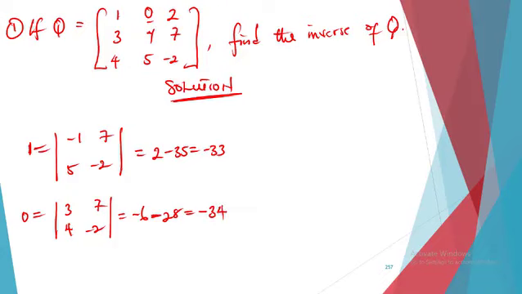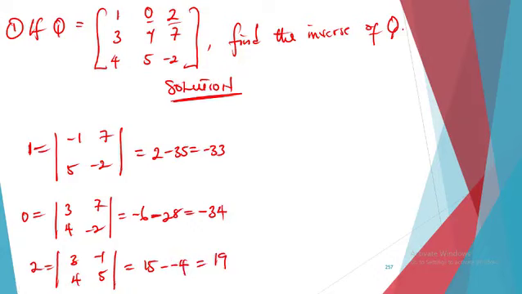Yeah, minus 34. Then for 2, what is left here? 3 minus 1, 4 and what? 5. And that will give us 3 times 5 is 15, minus 4 times minus 1 will give us minus minus 4. And that will give us what? 19, because this plus this is plus.